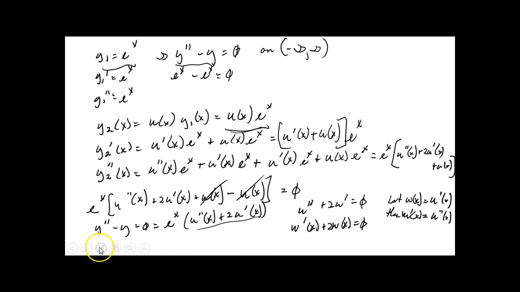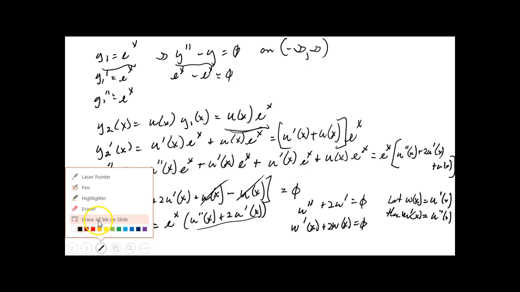I'll probably need the original at some point, but I'll come back and get it. Let's go back to our w prime of x plus 2w of x is equal to 0. That's the differential equation we're now trying to solve.